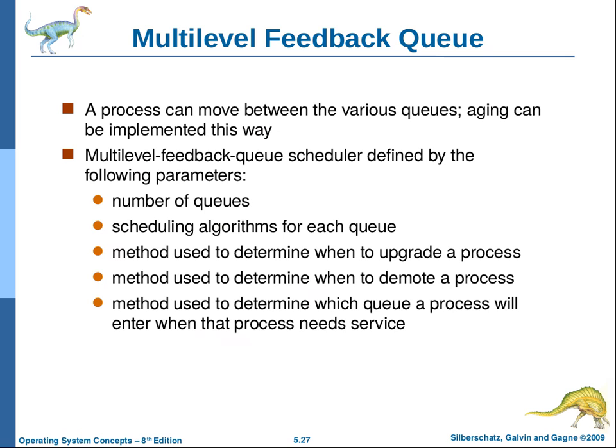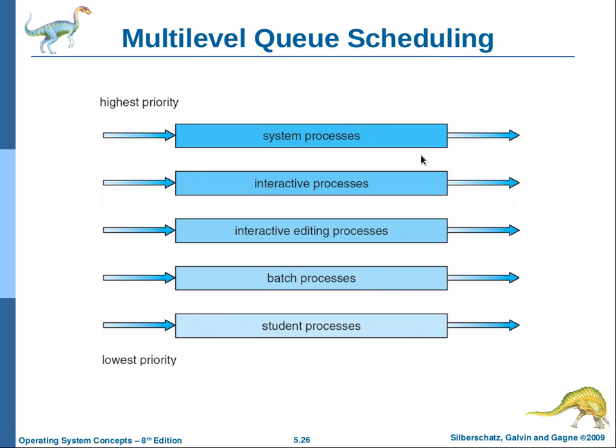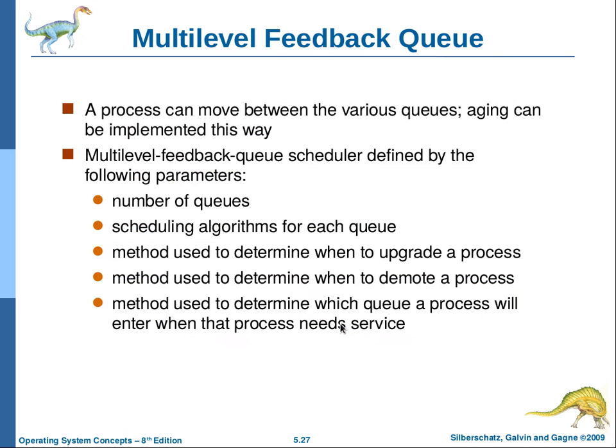Multi-level feedback queue. Hopefully you can see if everything was a system process, nothing else would ever run. But you can still apply the aging technique as well as other feedback techniques in order to increase the priority.